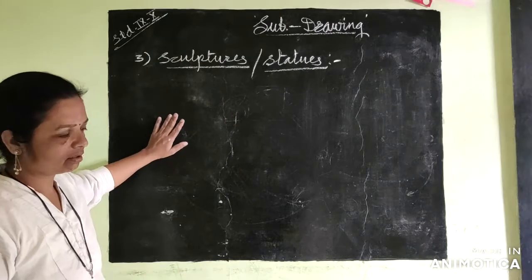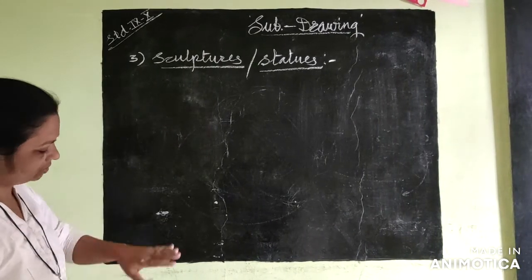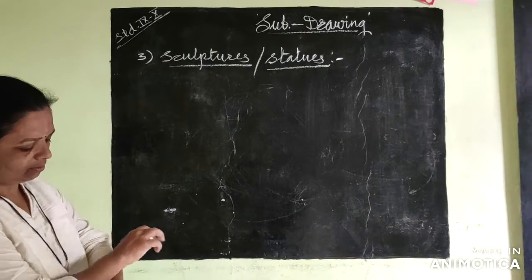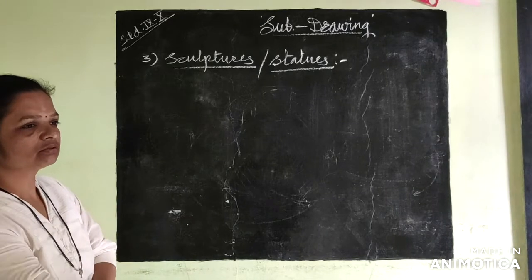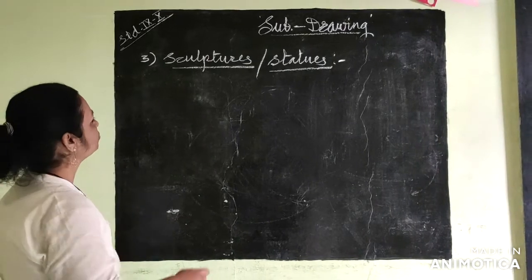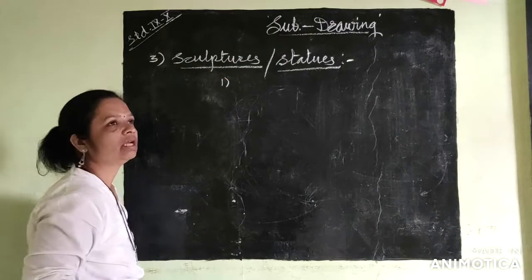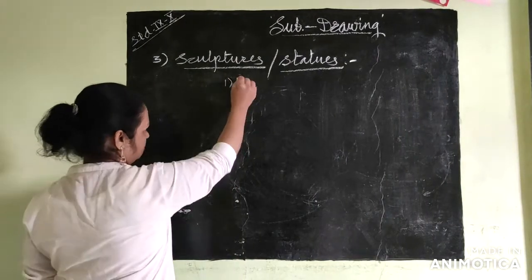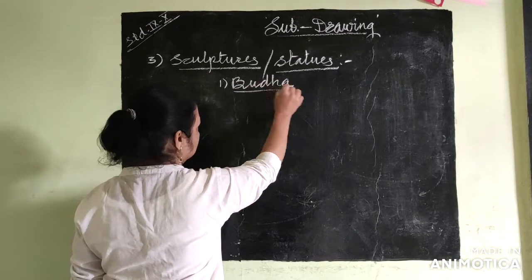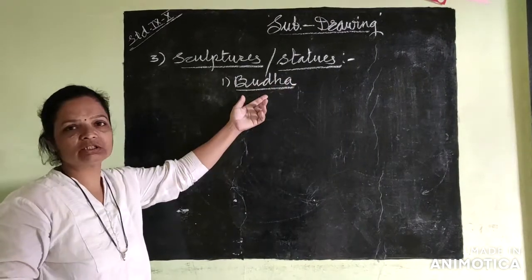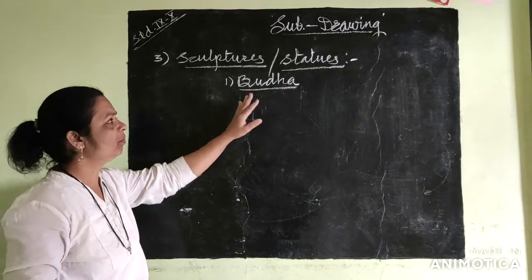Do this page separately, because many statues are famous in the world. Our India is also a very well-known country. For example, if we take Buddha, you know the Ajanta, Ellora and Aurangabad caves are very popular.